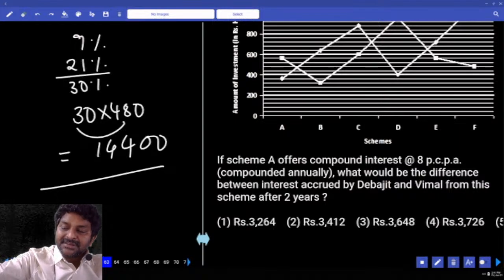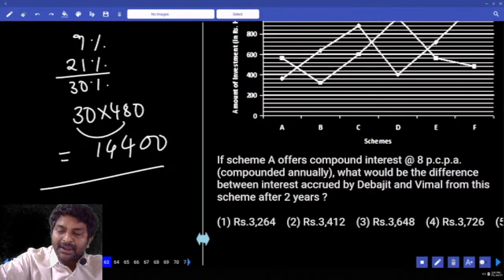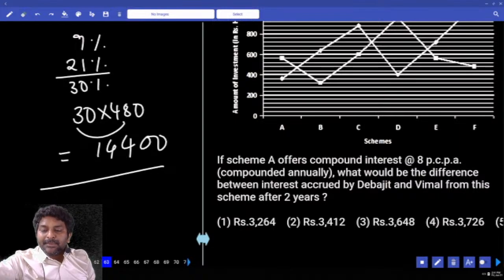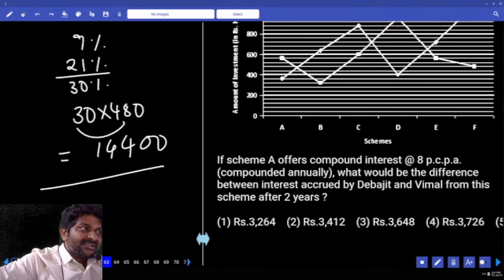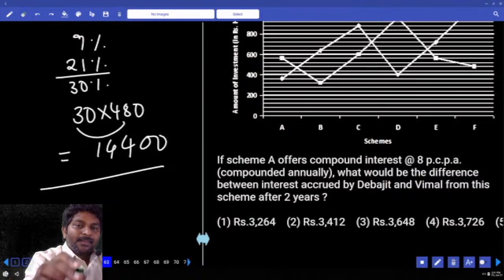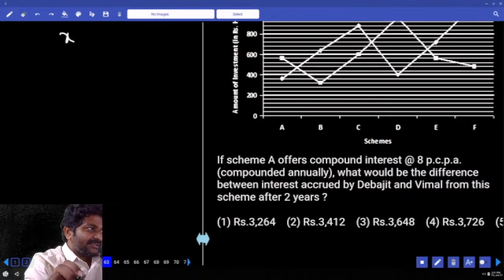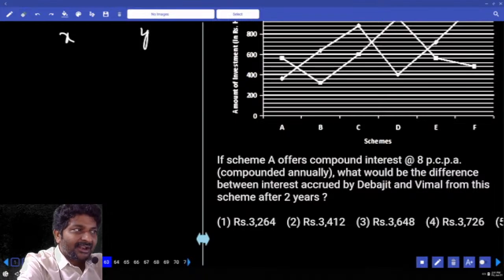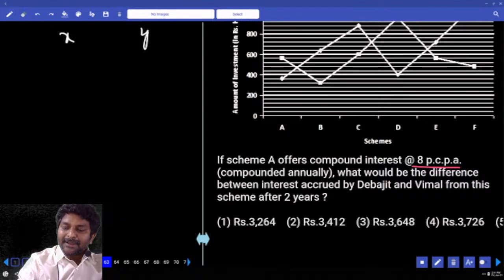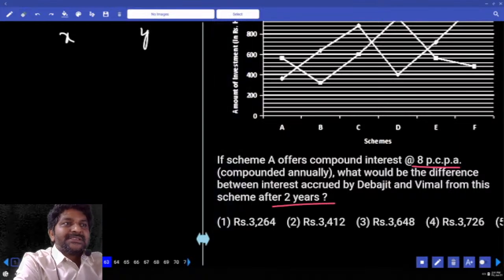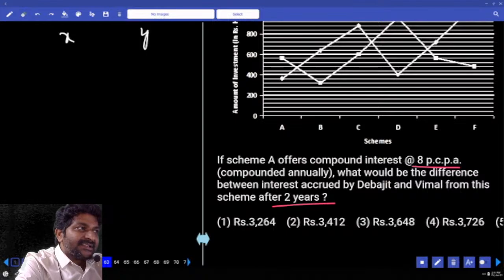If Scheme A offers compound interest at 8% per annum compounded annually, what would be the difference between interest earned by Debajit and Vimal from this scheme after 2 years? Interest difference is what we were asked to calculate, correct? Now, if one principal is X and the other principal is Y, because there are 2 members. At the rate of 8% per annum, compound interest for 2 years is X% plus X% plus X square by 100%.